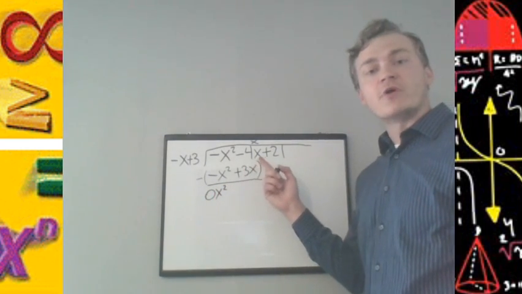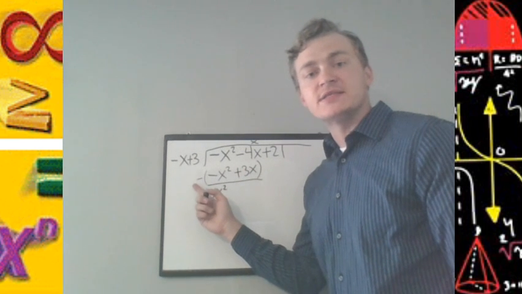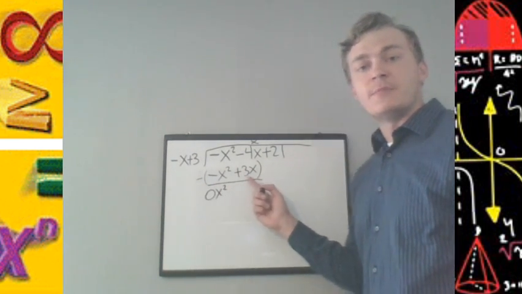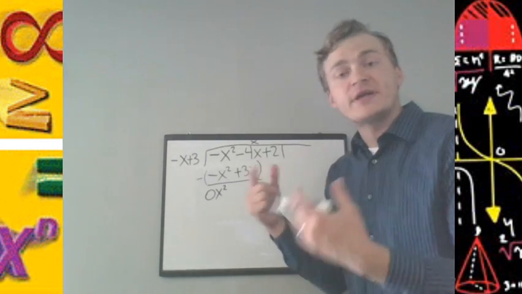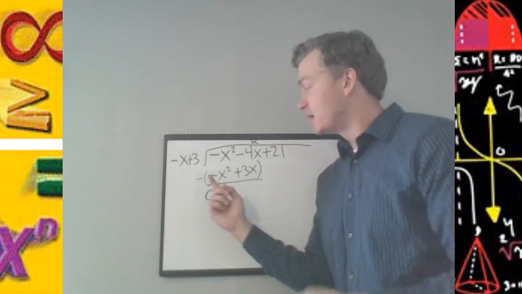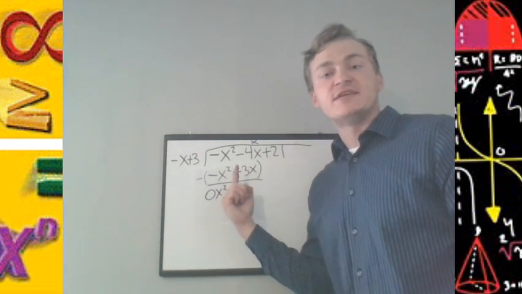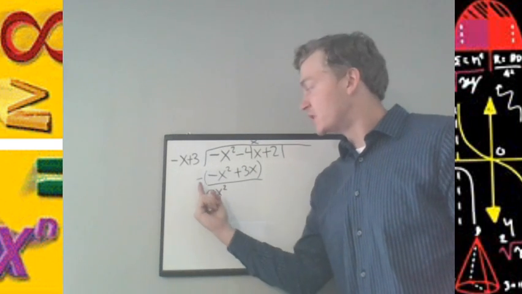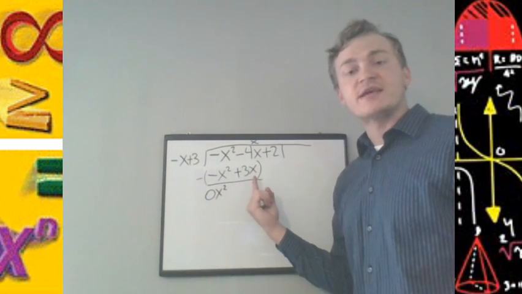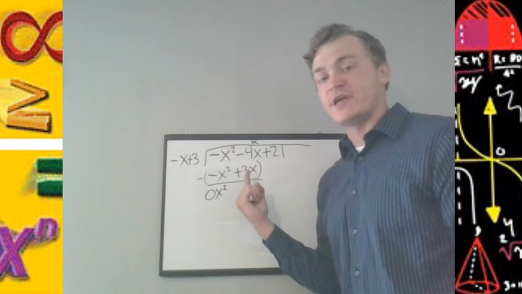A negative 4x minus positive 3x. Again, if you want to consider, like we learned in the last sections, in 5.2, distribute the negative sign, change each of the signs here, and then just combine your terms. When you subtract the positive 3x, this becomes negative 3x.